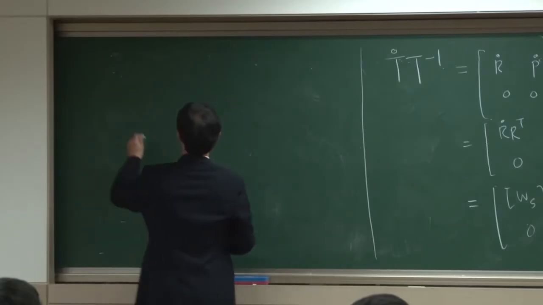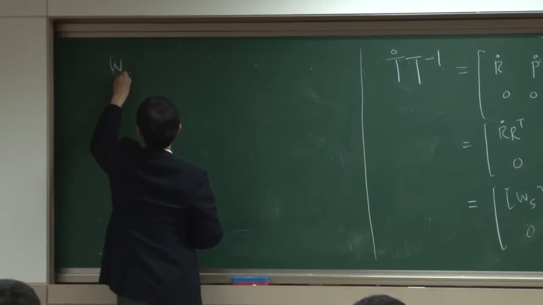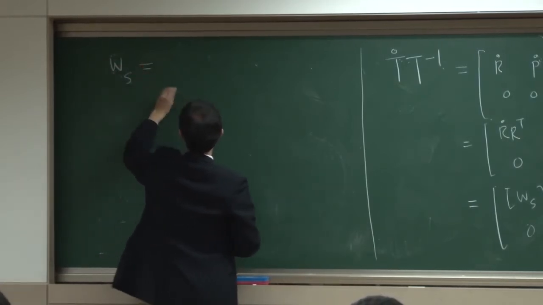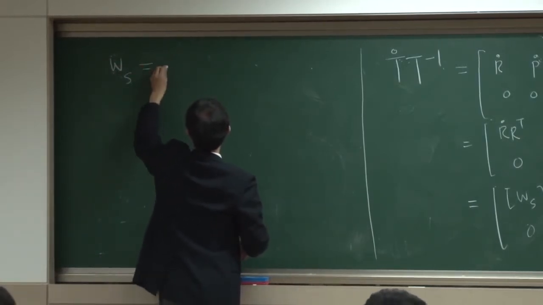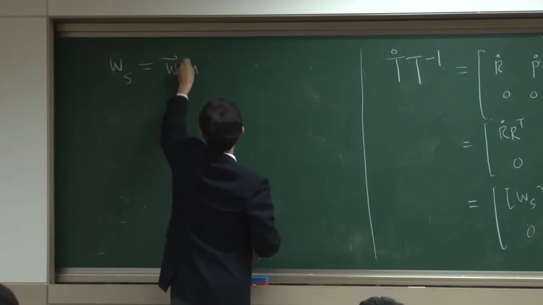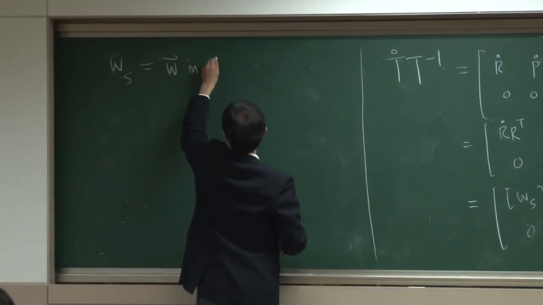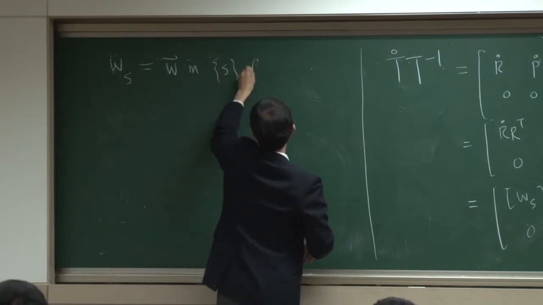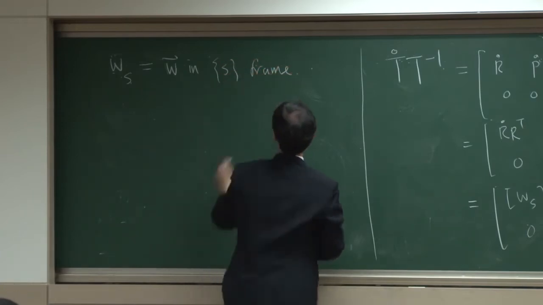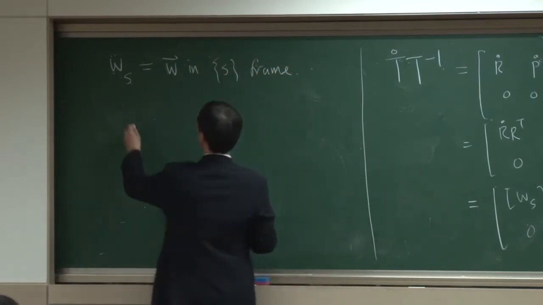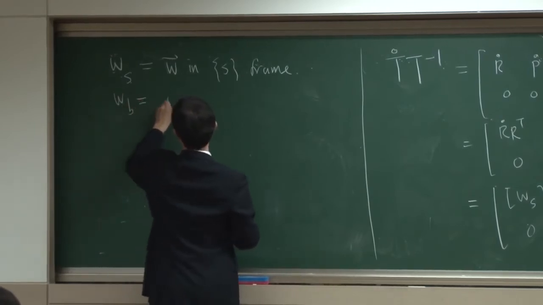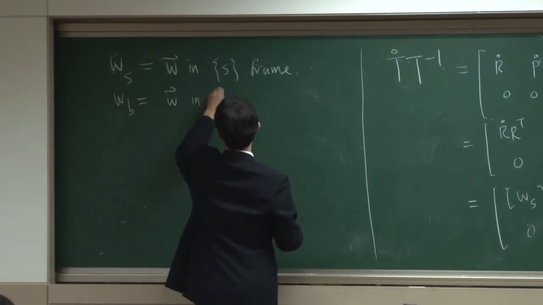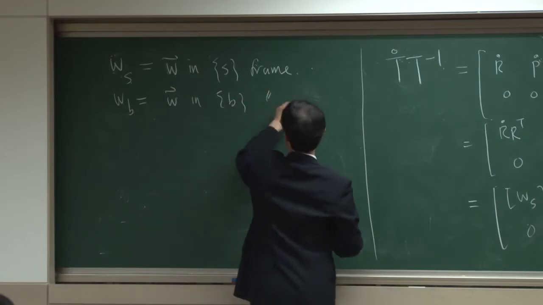So omega S is the angular velocity omega in the S frame, and we know that omega B is the angular velocity in the B frame.